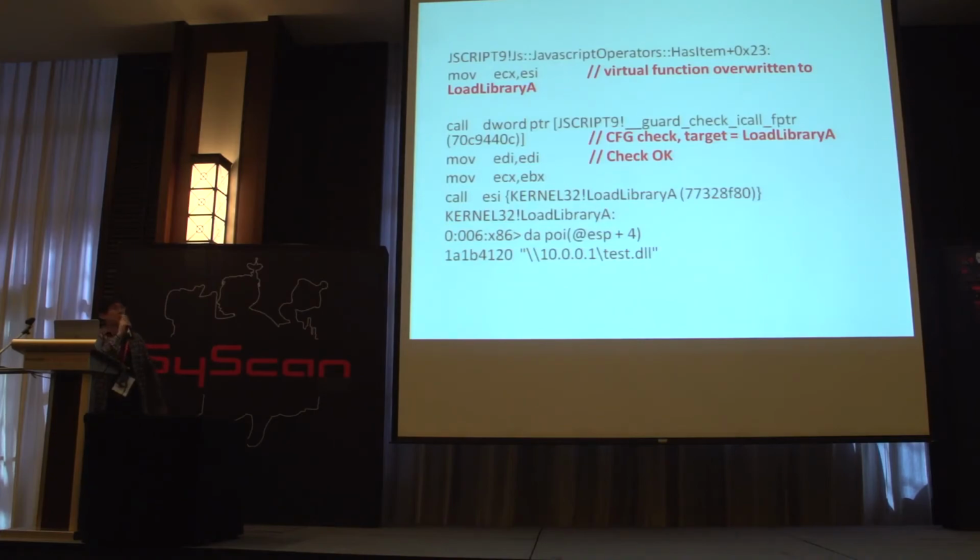If you see this approach in a debugger, it will be more clear. First, the virtual function is overwritten by our LoadLibraryA, and then CFG checks whether LoadLibraryA is OK, and we bypass this check, and then we can load the payload into the current process.